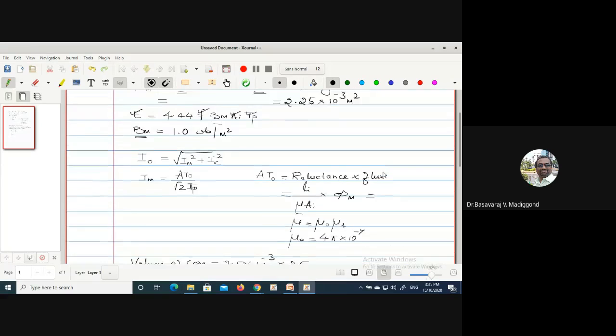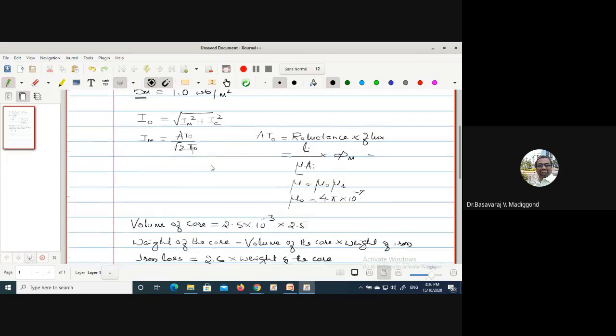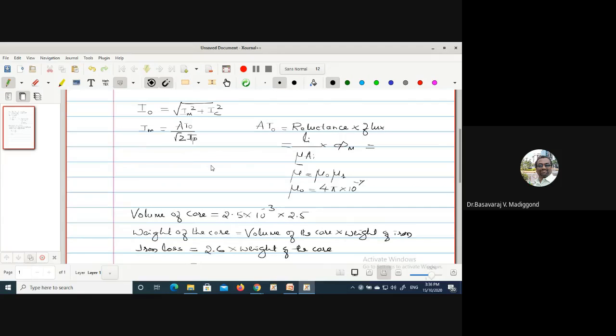So first you have to calculate phi m, no? What is the value of phi m? 2.25 into 10 raised to minus 3, sir. Because flux density is equal to 1, sir, so phi m will be 2.25 into 10 to the power minus 3 Webers because BM is 1. Fine. Right. So what is AT naught? Total ampere turns?